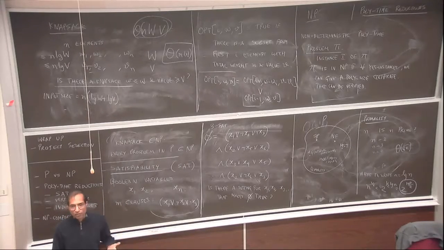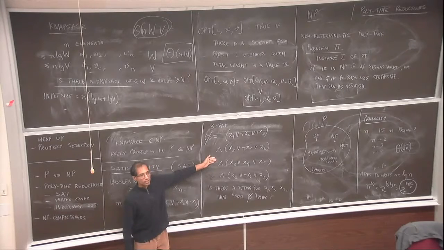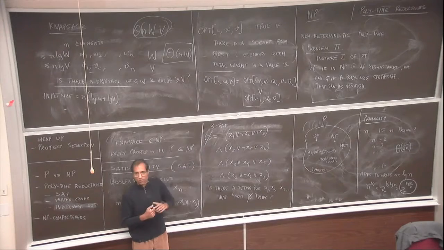Yes. Okay, and so if you had to verify to me that this instance is satisfiable, what proof will you give me to say, oh yeah, this instance is satisfiable? You will just give me a setting that works. You will say, set x1 equals true, x2 equals true, x3 equals true, and that will satisfy it.